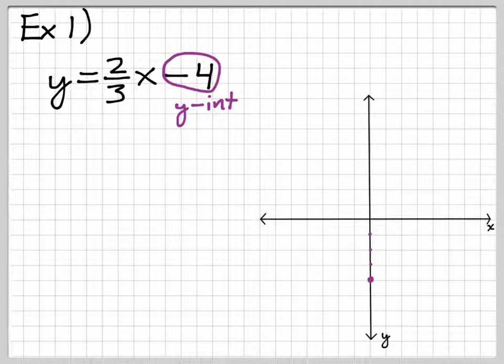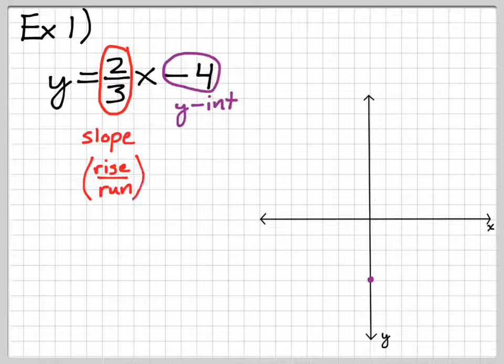From that purple dot, now I'm going to determine the slope, which is the 2/3, my rise over run. From that purple dot down at -4, I'm going to rise 2 and run 3 and make another dot. Then I repeat this stair-step process over and over again. Rise 2, run 3. Sometimes I need to go backwards to get points on a graph.